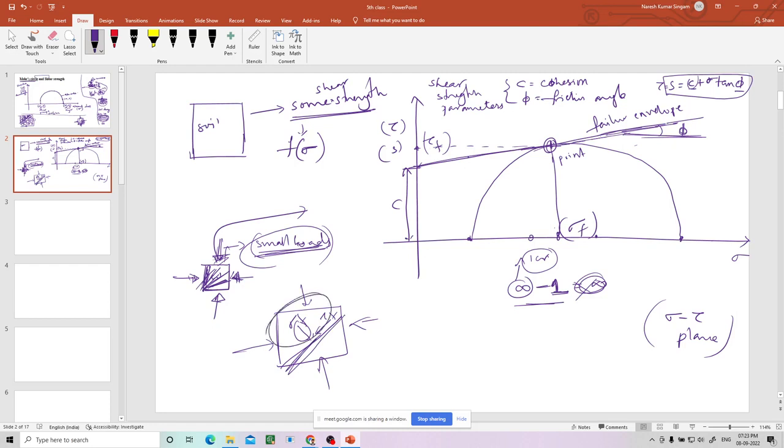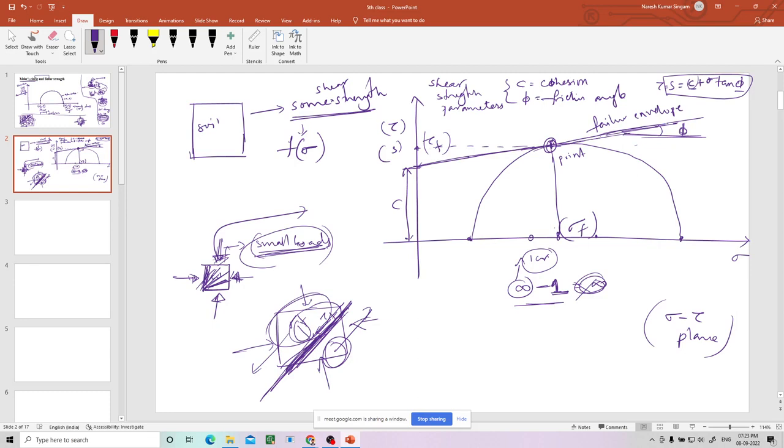That means this part of the block will move down, this part will move up, and finally this total block will fail because the shear happens along this plane. Along this plane, these are the stresses. Remaining all planes will be safer, but one plane is subjected to fail, meaning the total soil block is getting failed, right? That is how the concept of the Mohr circle works.